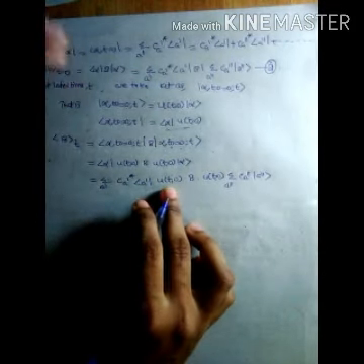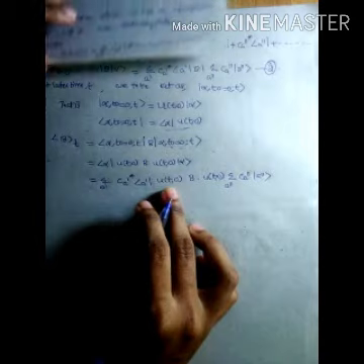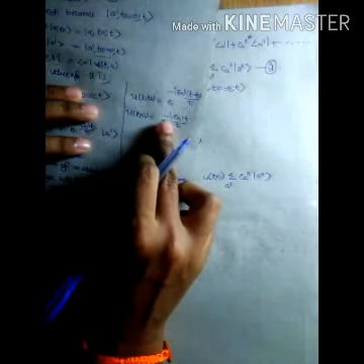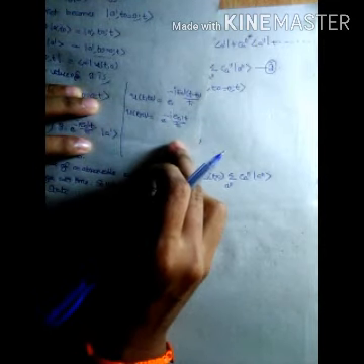U of (t, t0) we already know: its value is e raised to minus i E_a' t by h cross.